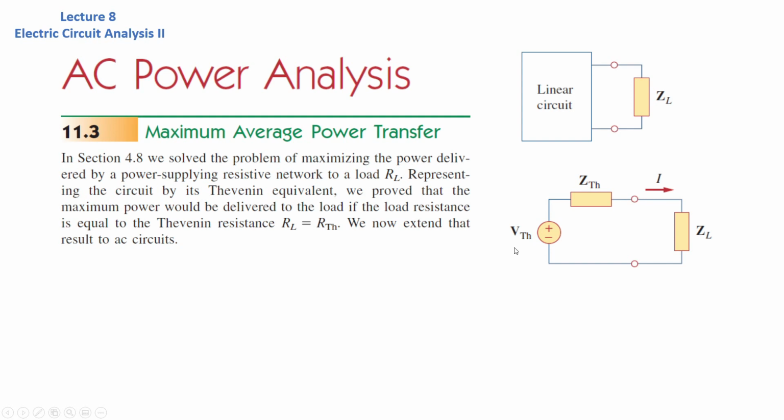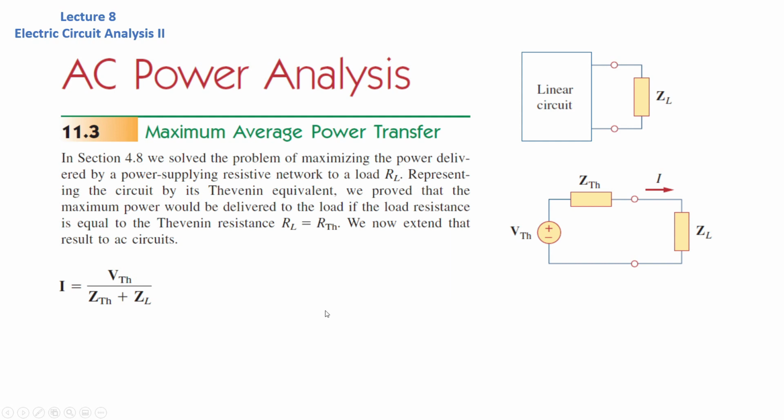In fact, it is the phasor of the equivalent voltage of this circuit visible on these terminals. And this Z Thevenin is the equivalent impedance of the circuit, while I is also the phasor of the current that is flowing through the circuit, right? And ZL is the load impedance.